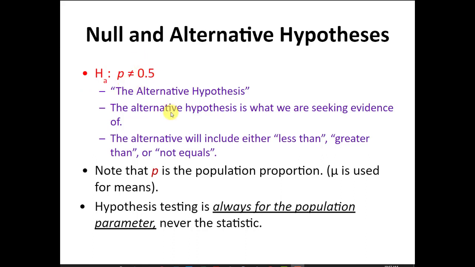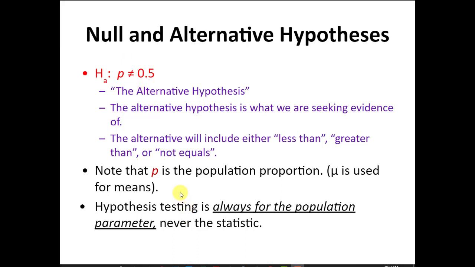If your question is whether the proportion is less than the null, then this sign would be a less than sign. Or if you're looking for any difference, it doesn't matter if it's less than or greater than, then you would use the not equal to sign.